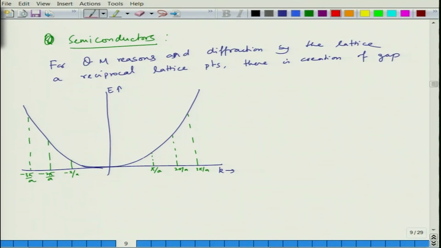So there is a gap, and this curve tends to become like this around this point.